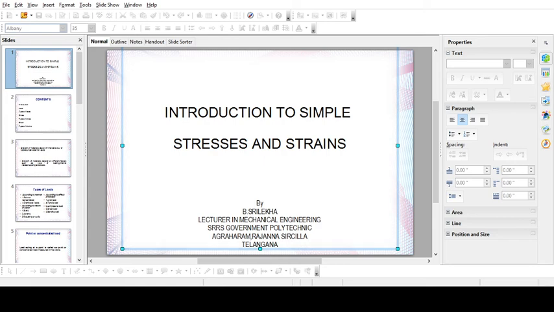Mathematically, this can be written as stress is equal to load by area of cross section, that is equal to P by A. The units of stress are newtons per meter square.